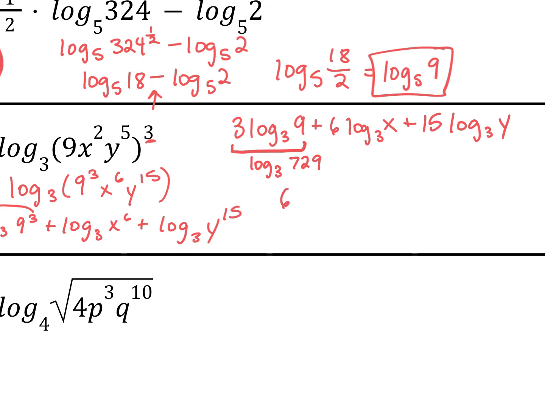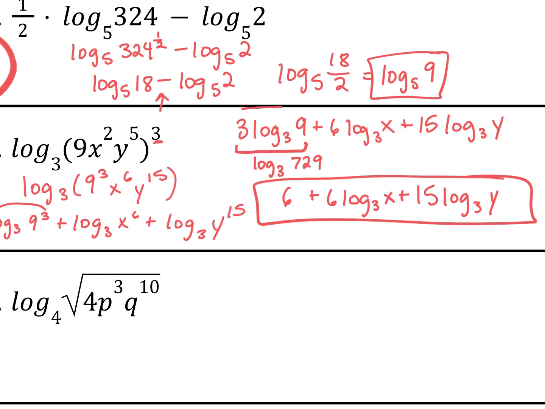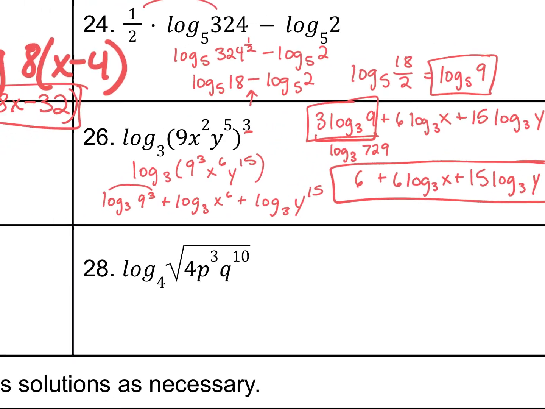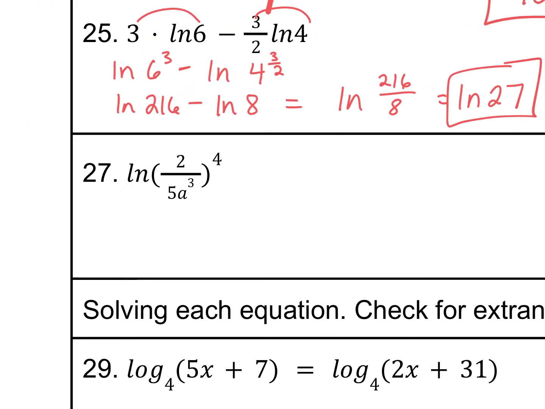Okay, so this is the same thing as 6. So that only works again when there's no variables in the problem. We can go ahead and simplify that out to get 6. So that would be the final answer there. Okay, and we know how to evaluate this. So make sure we do that if we see it.